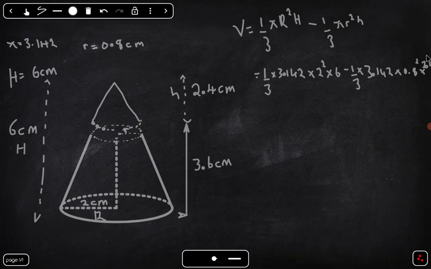So this is 2.4 here. Let me write it here, 2.4. Then we can start calculating this part.